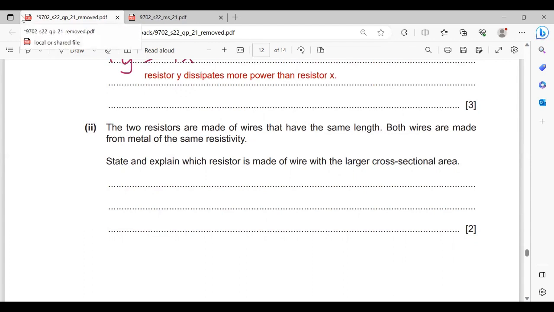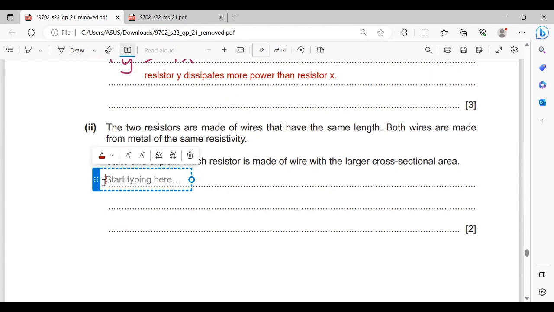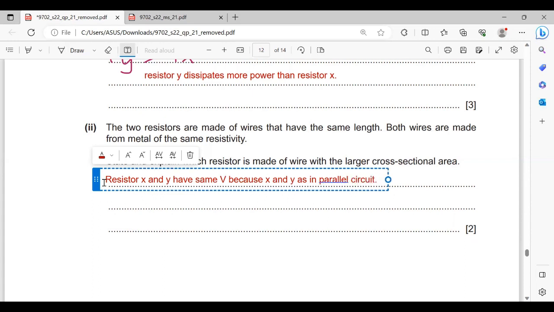And now, this one. Resistor X and resistor Y, based on the information, have the same potential difference, because X and Y are in parallel, in a parallel circuit.